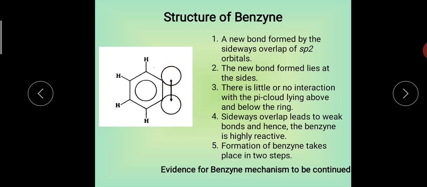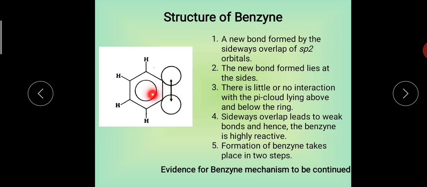Okay, and since it is formed by the sideways overlap of your sp2 orbitals, it is weak in nature. Okay, and this bond has no interaction with the pi electron cloud which is above and below your benzene ring. Okay, so this bond lies at the sides.